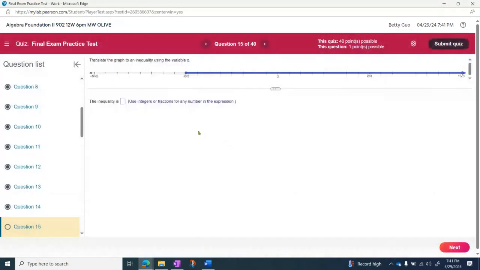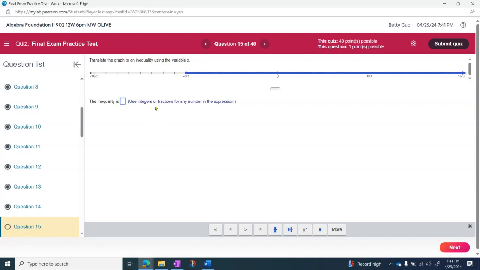Translate the graph to an inequality using the variable x. So this is x is bigger than or equal to. Use integers or fractions for any number in the expression. So we're going to type x bigger than or equal to negative 8 over 3 right here.